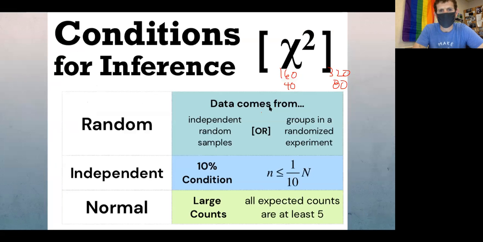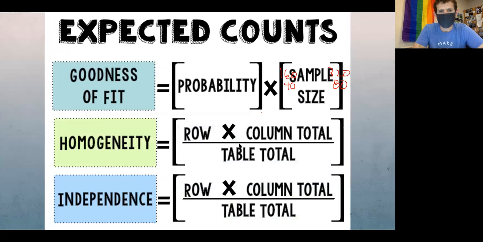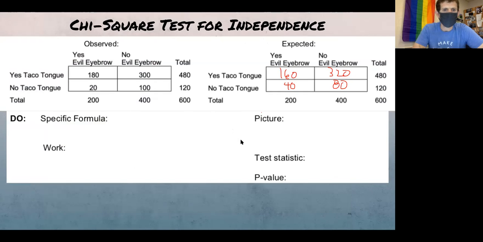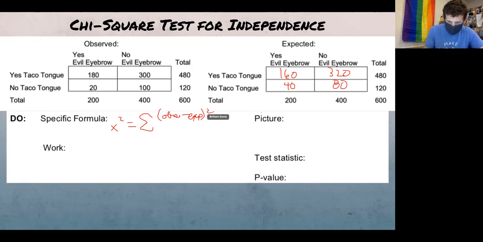We checked our conditions. We're good to go. Here you can see the conditions again, and you can see how we find our expected counts again. Now we can do our specific work, and our specific formula is found on the first page of the AP formula sheet: the sum of the observed value minus the expected, squared, all over the expected value.